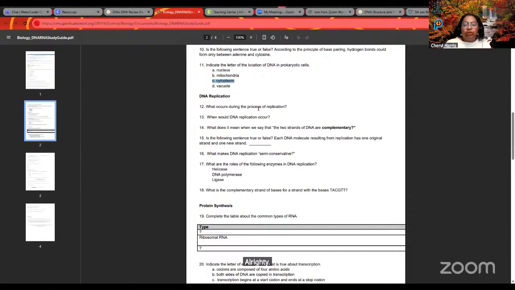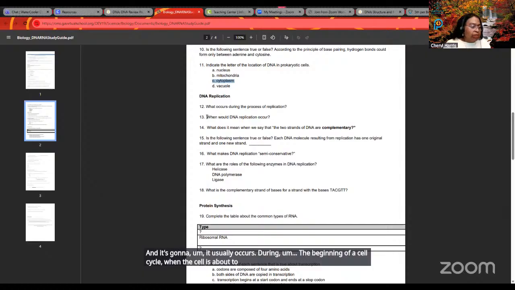All righty. What occurs during the process of replication? The DNA makes a copy of itself in the form of RNA. Actually, no, replication is just it makes a copy of itself. It usually occurs during the beginning of a cell cycle when the cell is about to create a new cell.